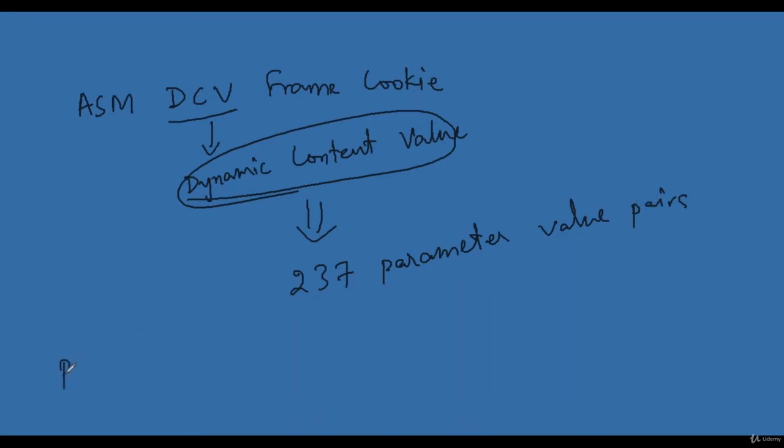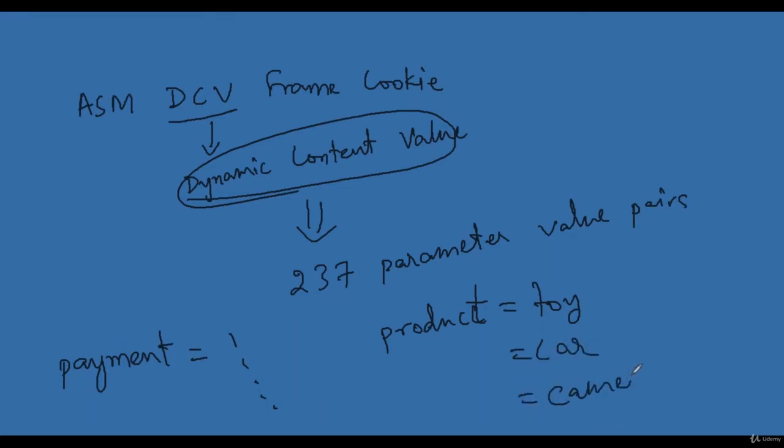Which means that, for example, if payment is your parameter, this parameter can have up to 237 values, which can be stored in this frame cookie. Or if product is a parameter in your application, this product can be equal to toy, or car, or camera.